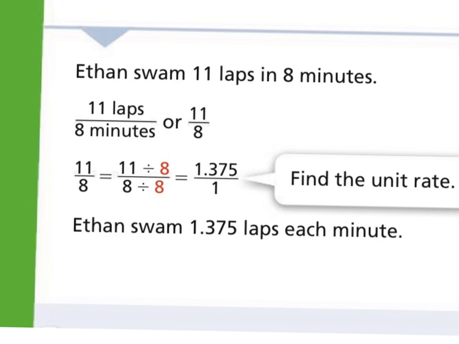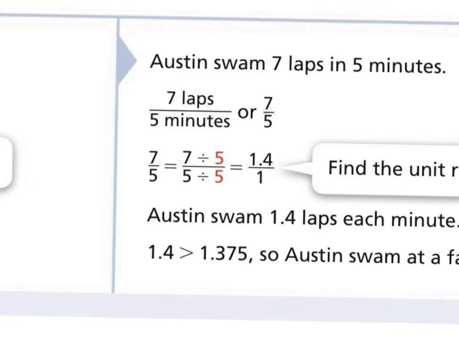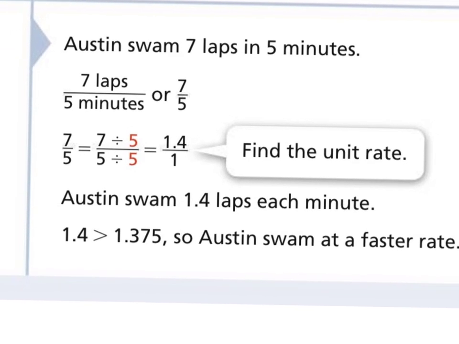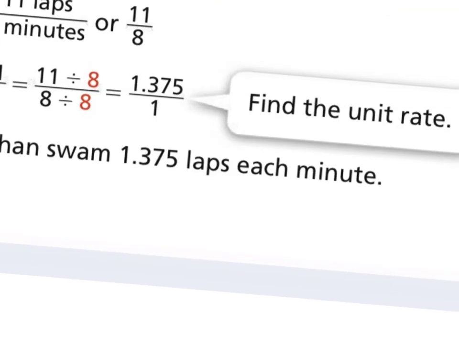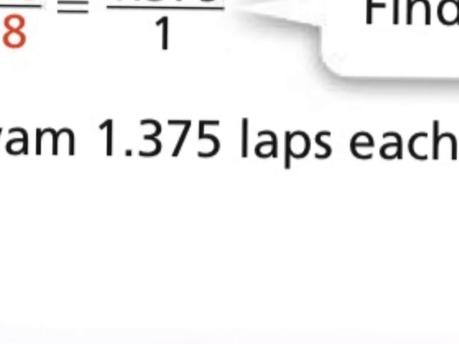So 1.375 laps per minute. We can do the same thing for Austin. If you take 7 divided by 5, you get 1 and 4/10. So 1.4 laps per minute. So sometimes people look at these numbers and they think, oh, 1.375, there's more numbers, that must be the bigger number.